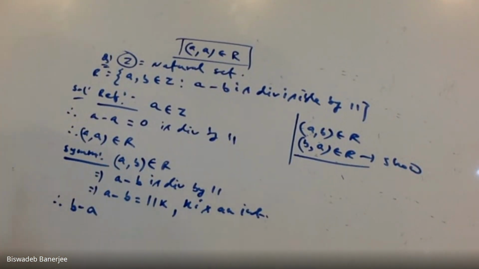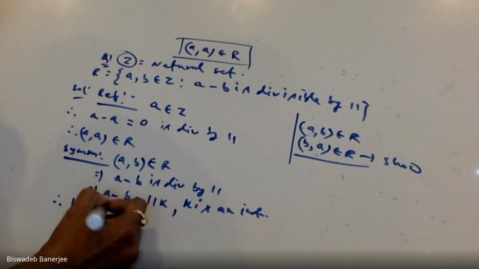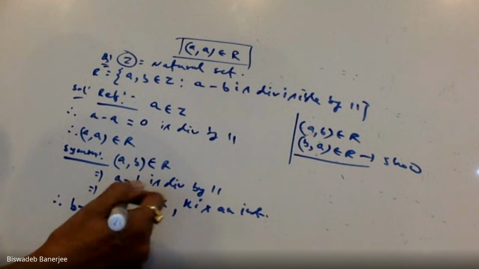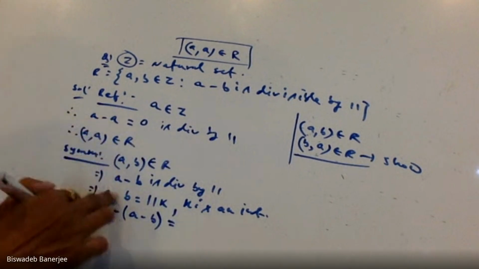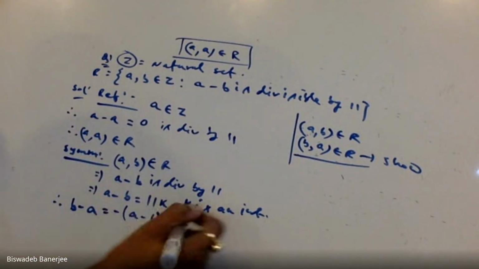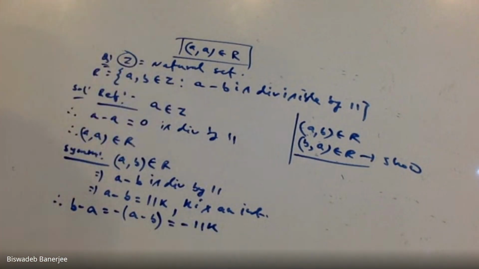So b minus a equals minus of (a minus b), obviously, and a minus b equals 11k. So that becomes minus of 11k. Here the minus sign does not matter.